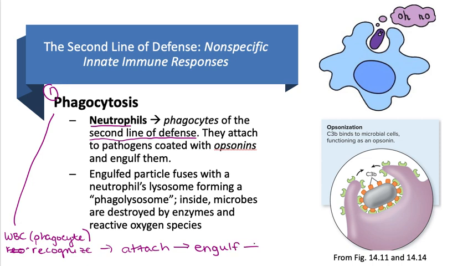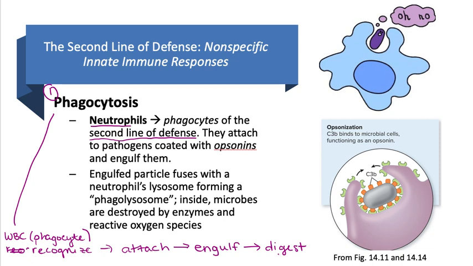And then once the pathogen is engulfed, the pathogen will be digested. So a white blood cell will recognize the pathogen, attach to the pathogen, engulf the pathogen, and then digest it.